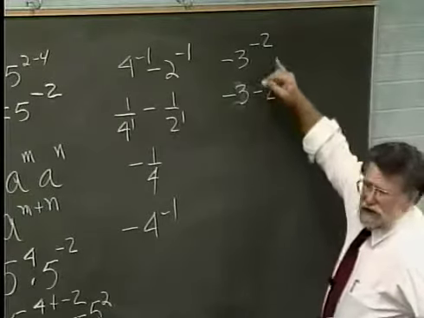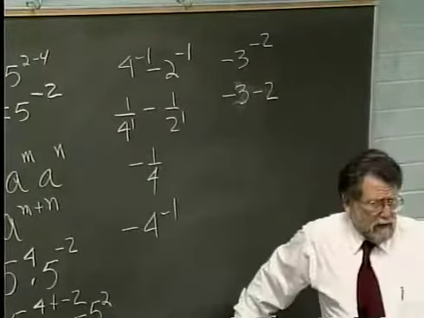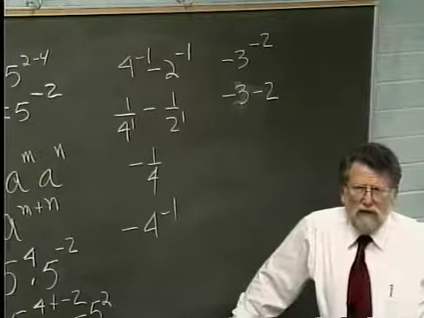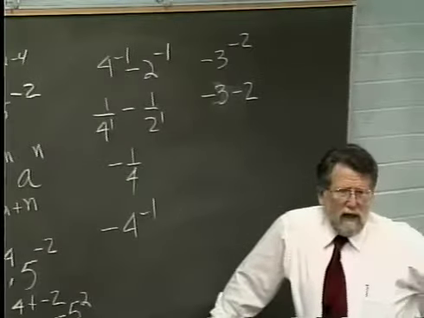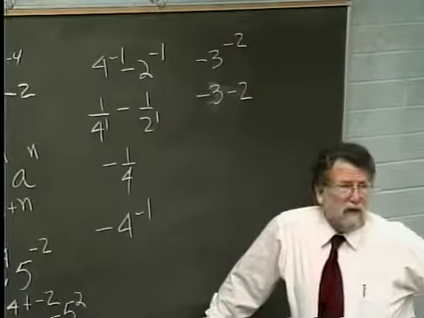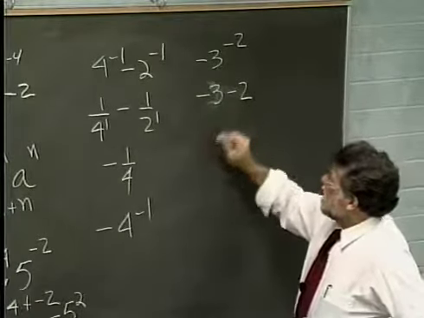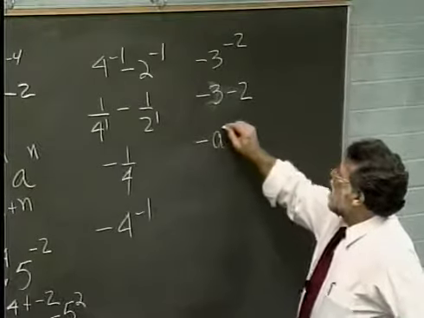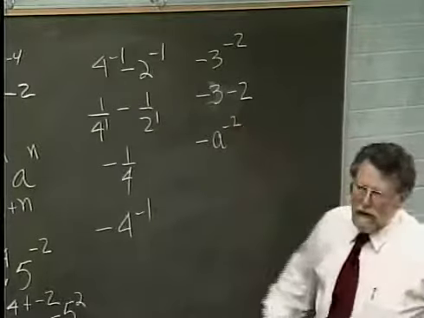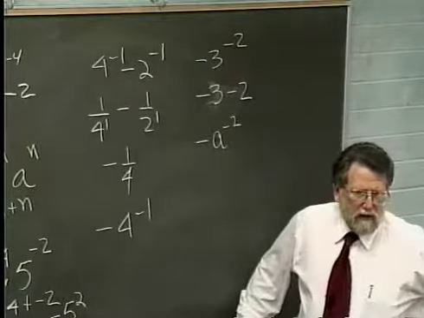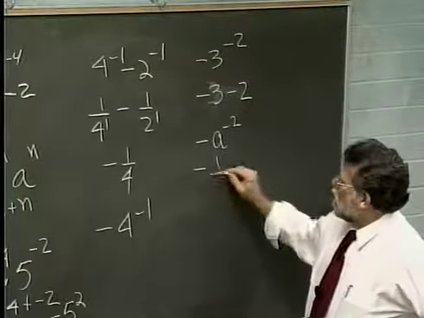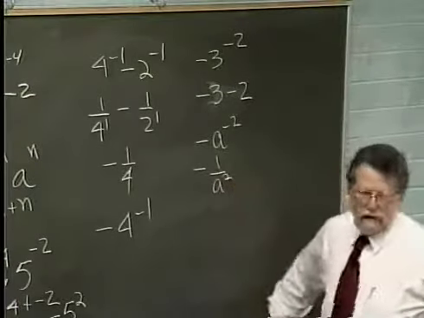Where you locate this minus 2 is very critical to how you interpret it. Exponents must be written carefully. Subscripts and superscripts. If I have, in the same way, negative a to the minus 2, that's going to be negative 1 over a squared.